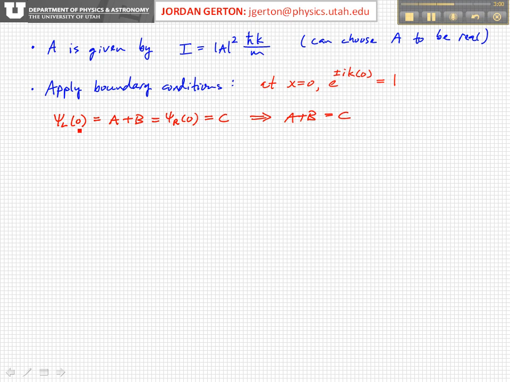Now we also have to have the derivatives of the solution on the left-hand side. This is the continuity equation for the slope. So the slope of the wave function also has to be continuous.